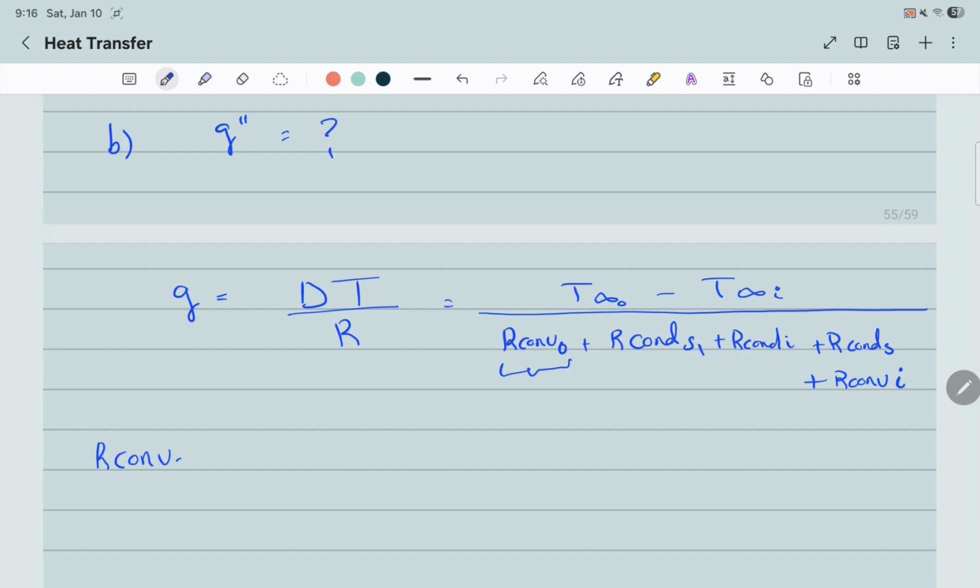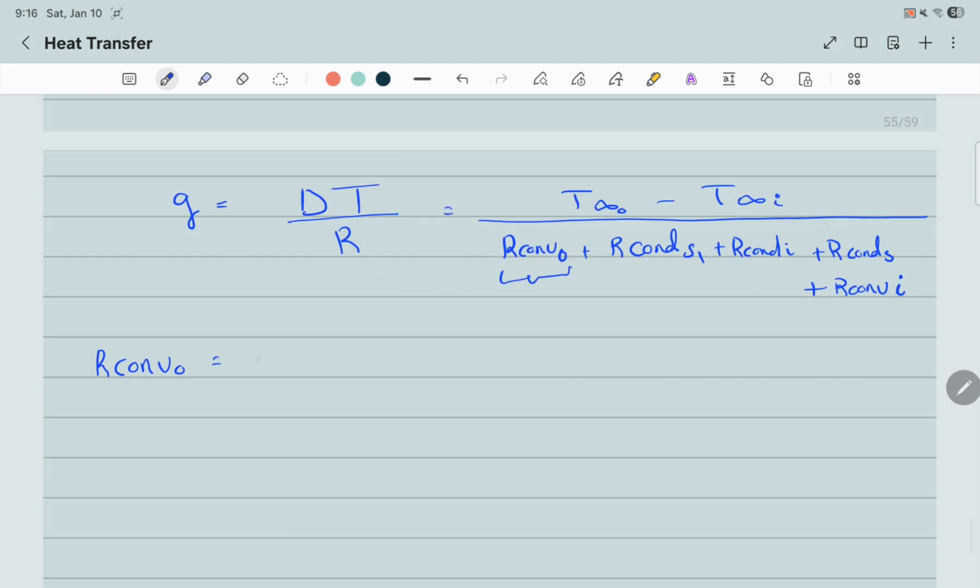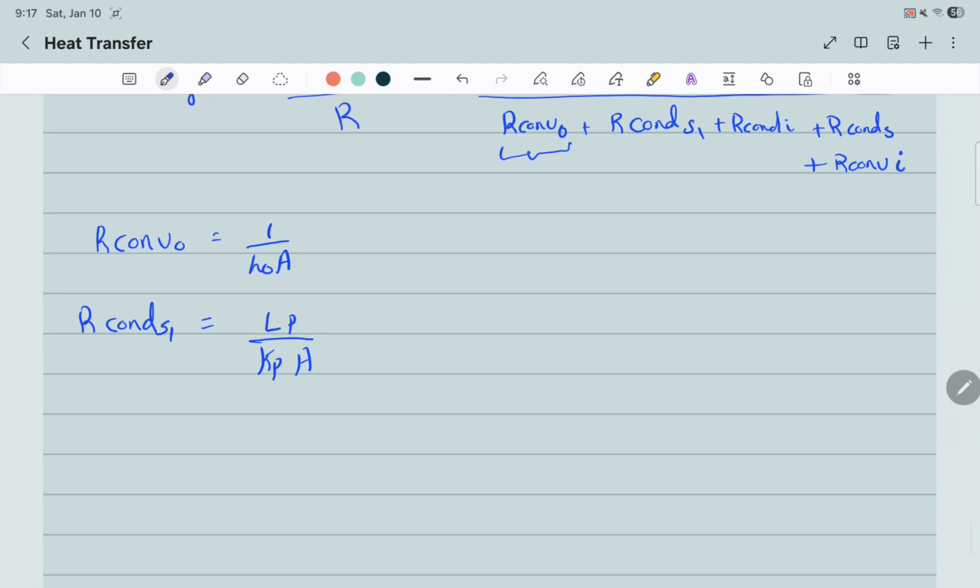R convection of the outer side will equal 1 over the outer heat transfer coefficient times the area, and the R conduction of the first steel plate will equal the length of the steel plate divided by the thermal conductivity of the plate times the area, which is similar to the conduction of the second steel plate, because they both have the same length and the same material, therefore having the same thermal conductivity and the same area.